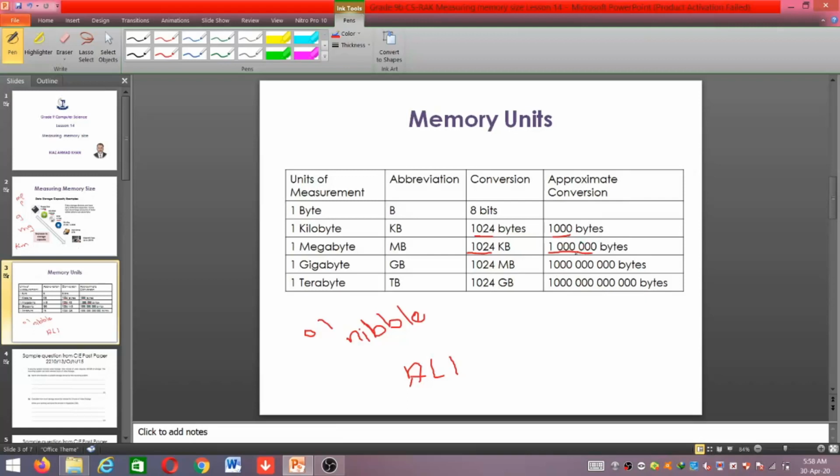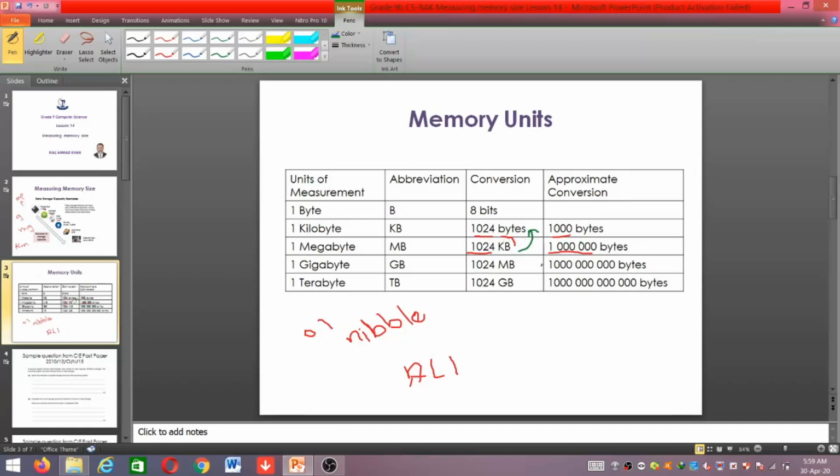But if we take MB exactly, this is 1024 multiplied by 1024, because 1 KB is 1024 bytes. So it means 1 MB is equal to 1024 multiplied by 1024 bytes, and that is about 1 million bytes.